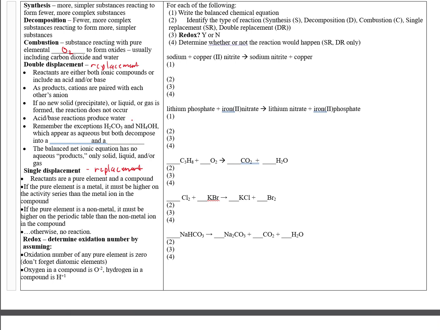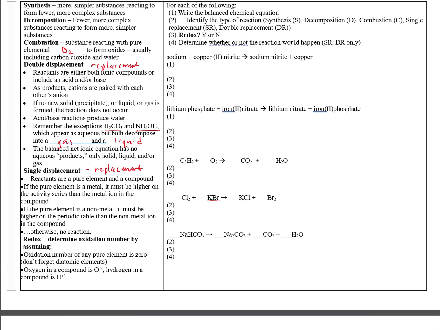Acid-base reactions produce water. Remember the exceptions where it looks like these things are going to be no reaction, but they actually are: carbonic acid and ammonium hydroxide, and they both decompose into a gas and a liquid. Water is that liquid. Okay.